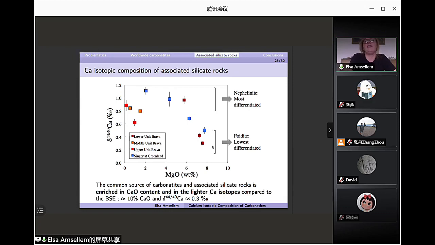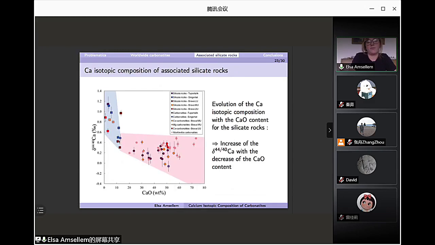So the idea is, well, the lowest differentiated represent the mantle source most closely, and these samples have the same composition as carbonatites. They have the common source, which would have this content of calcium and this calcium isotopic composition, which we can see here.